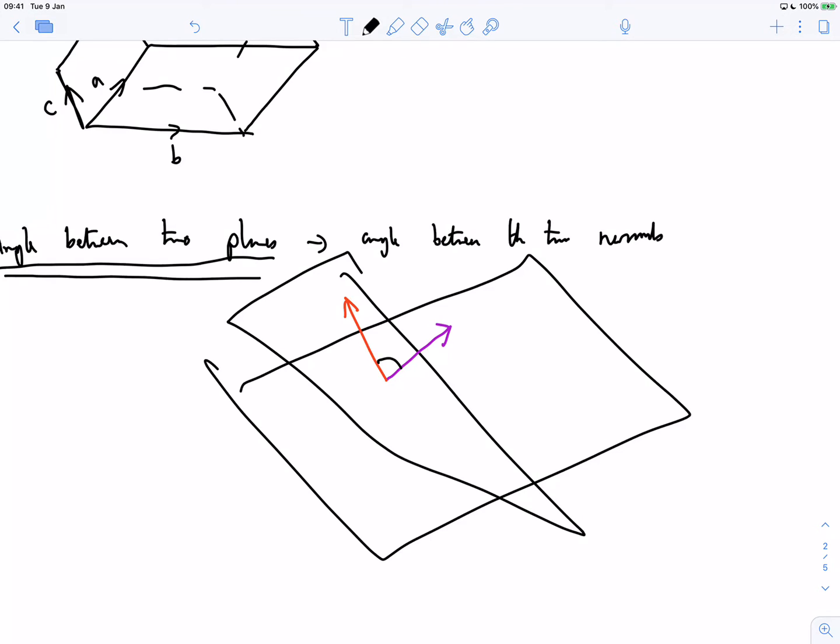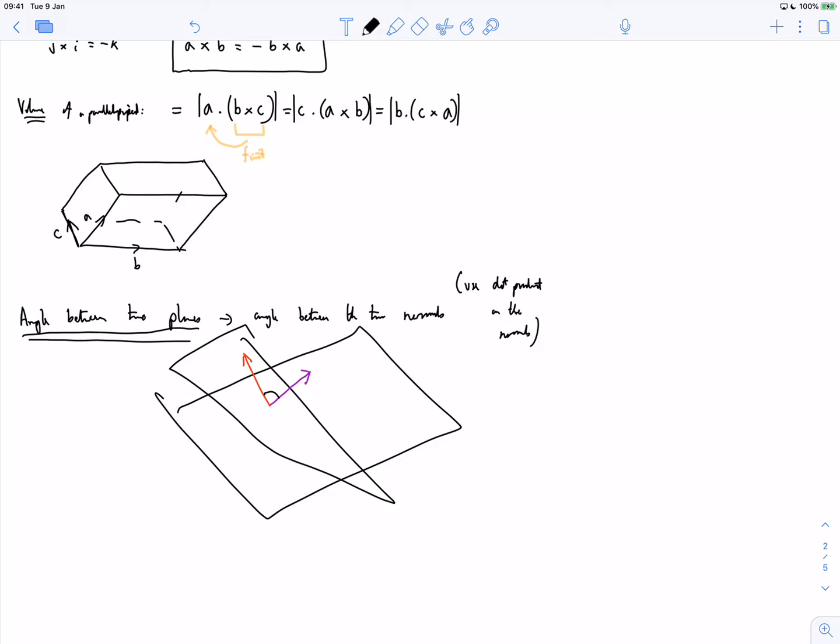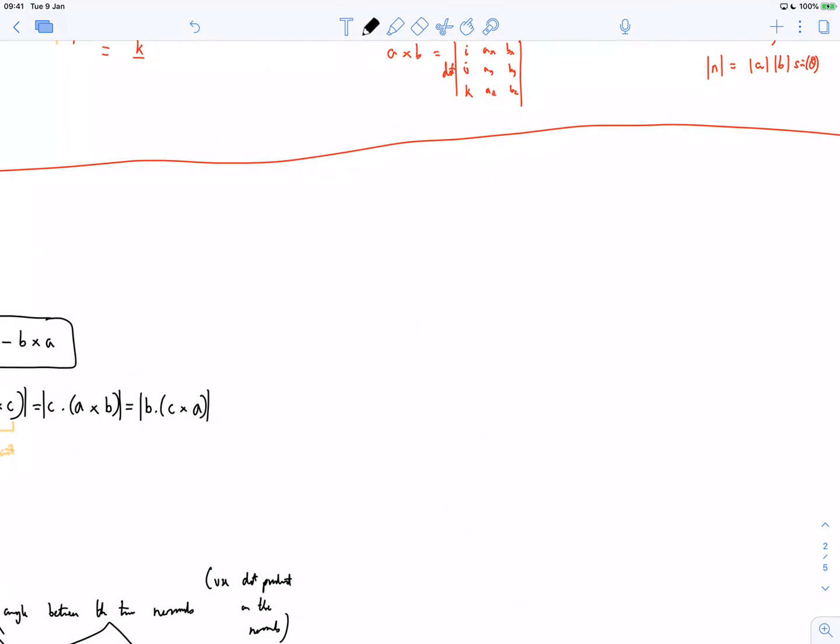And you'd use the dot product on the normals. It's far easier. If you want to find the shortest possible distance, then please remember that the object you're dealing with has to be perpendicular.